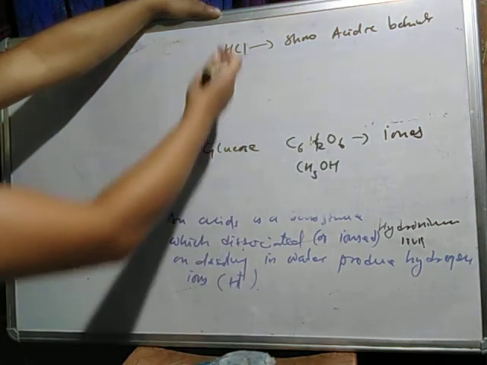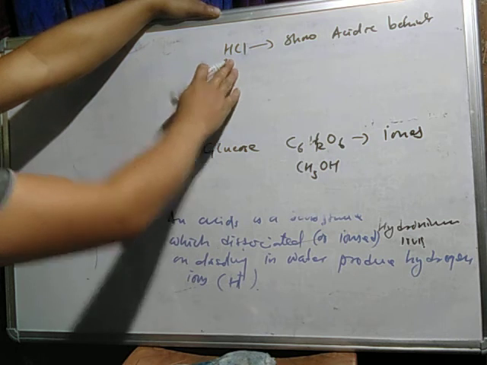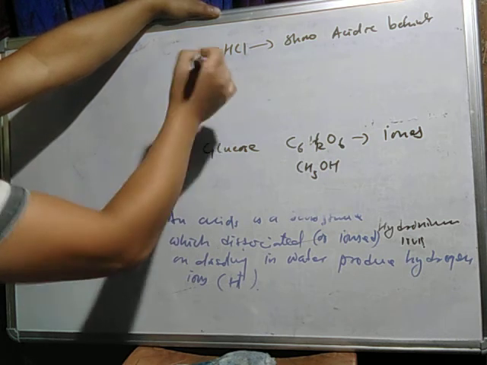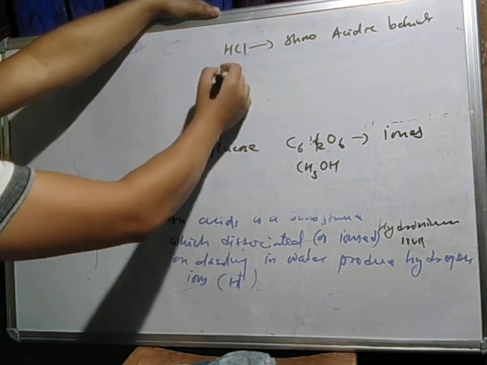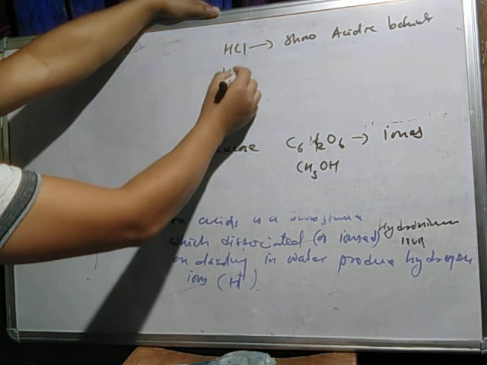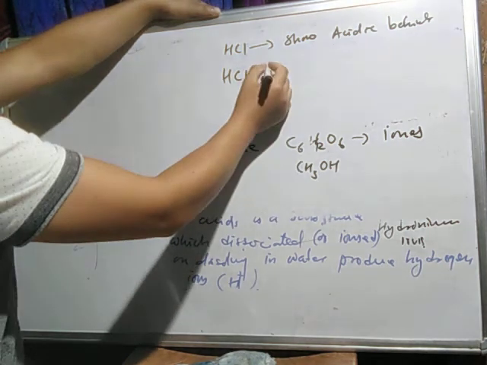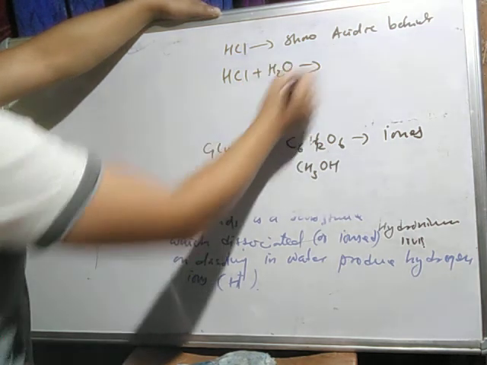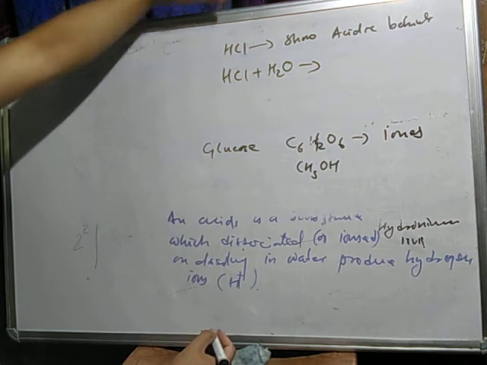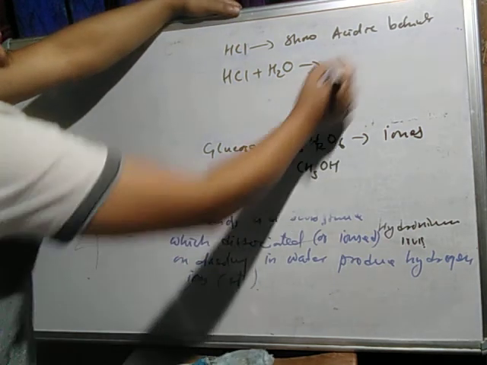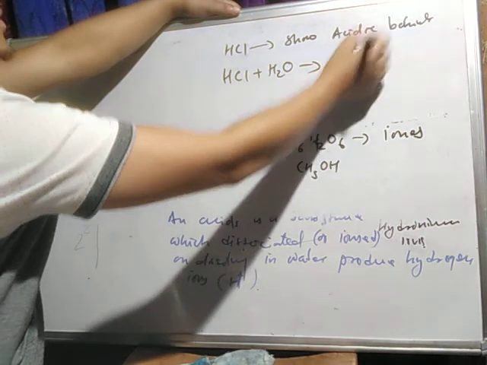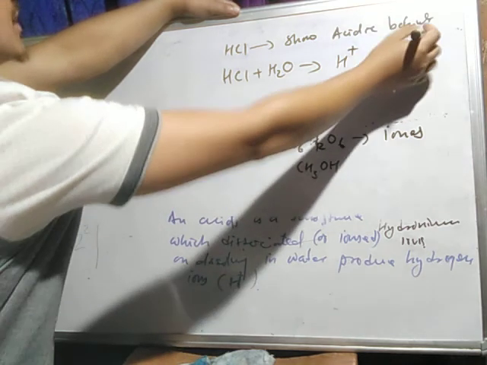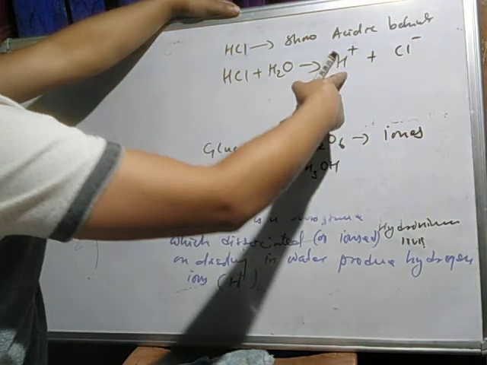So to show acidic behavior, you have to dissolve the acid in water. Whenever you dissolve in water, then only it will show the behavior of an acid. So H plus Cl minus, it will not remain as it is.